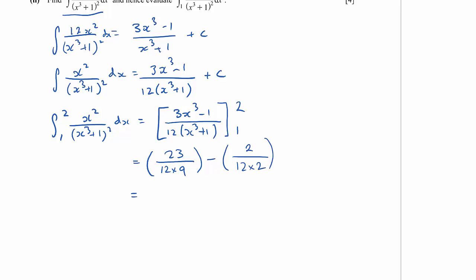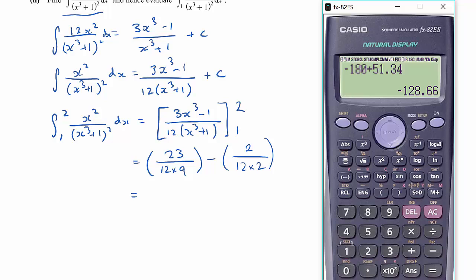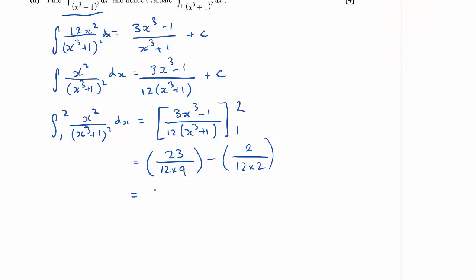And I think we can just calculate that. So 23 over 12 times 9, take away 2 over 24, that gives us 7 over 54.